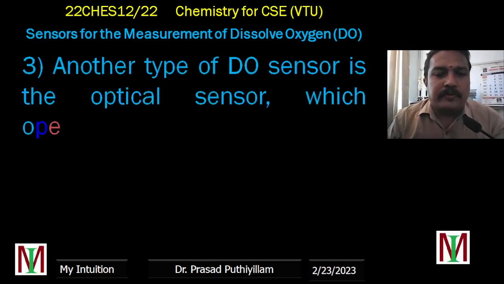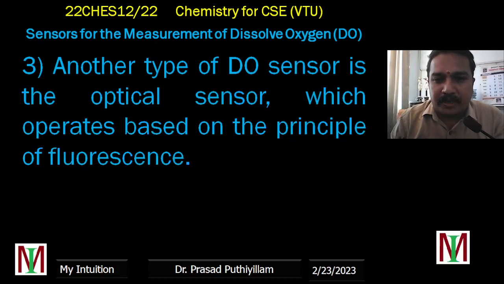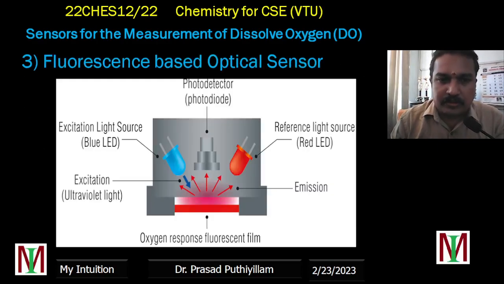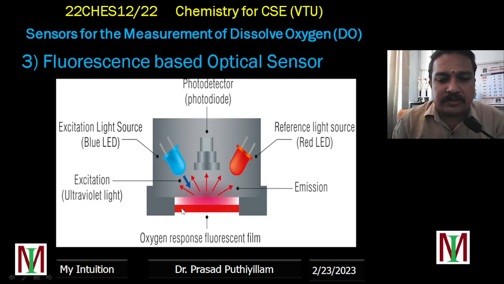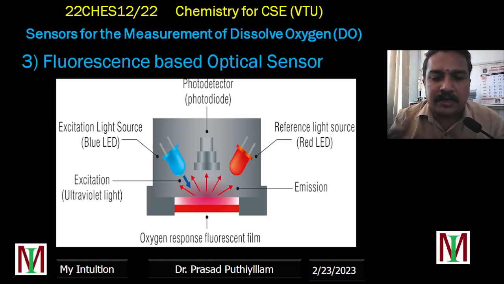Now another type of dissolved oxygen sensor is the optical sensor, which operates based on the principle of fluorescence. The fluorescence based optical sensor schematic representation is given here. A fluorescent thin film is taken, which is responsive to oxygen, meaning it will change its color intensity based on the amount of oxygen present.